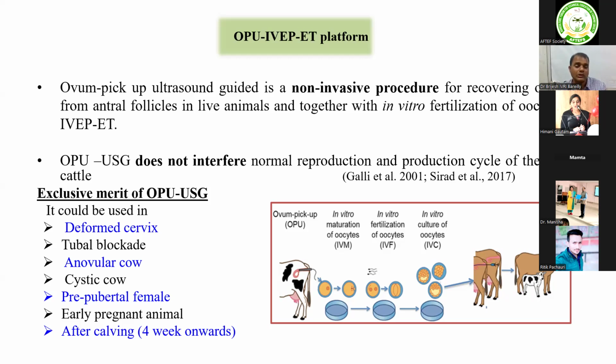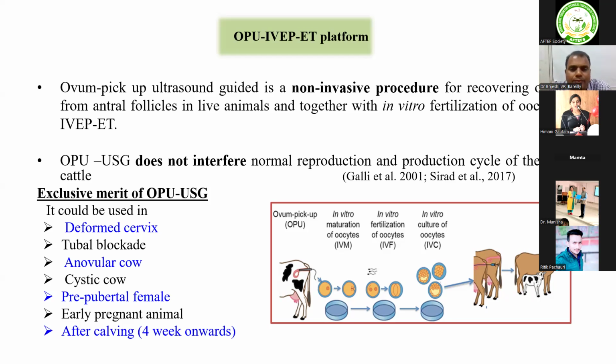You also can't use animals with tubal blockade, anestrus cows, cystic cows, prepubertal females, early pregnant animals, or animals immediately after calving. Through in vitro embryo production, you can take these problematic animals into your program, provided there is no intensive infection that has reached the ovary.